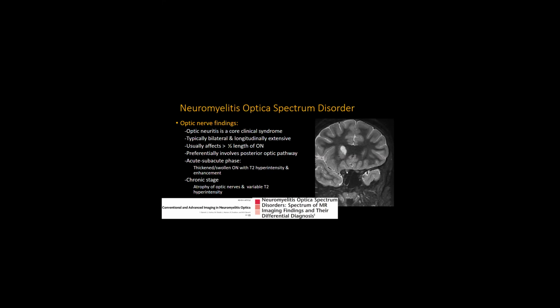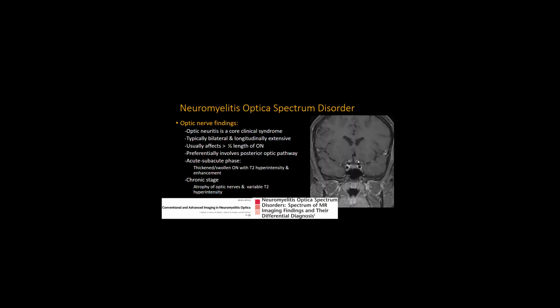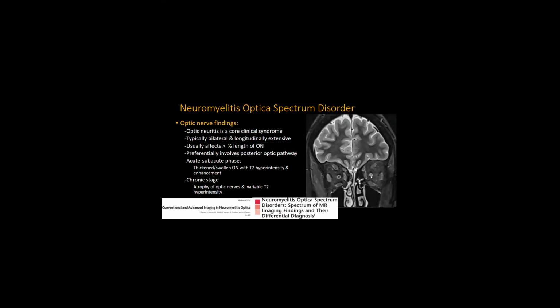In the acute phase, the optic nerve is thickened and swollen. Here is an example where there's more posterior involvement. This patient has involvement of the intracanalicular portion of the optic nerve, and as I go more posteriorly, you can see there's also involvement of the intracranial portions. In the chronic phase, the optic nerve atrophies and you may have variable T2 hyperintensity. So that's how it looks.